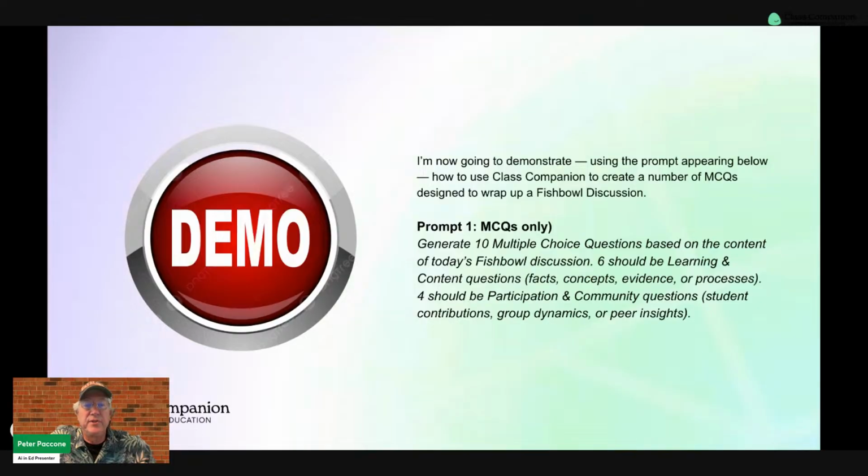There it is, the Google Doc, and I'm going to copy all of it. If you can't see it, that's what I'm doing right now. Okay, and there I'm in Class Companion. Please let me know if you're not seeing the Generate Assignment with Class Companion feature. And now I'm just pasting in everything in that wrap-up activity Google Doc that I created. And I'm going to press Generate and Review.